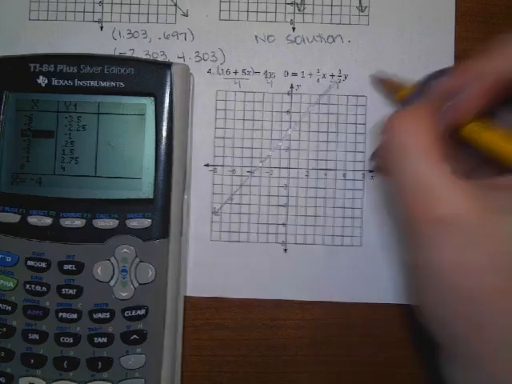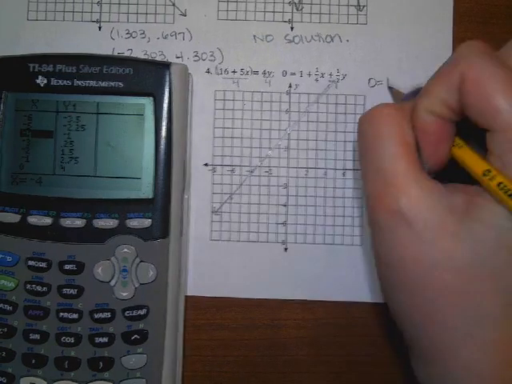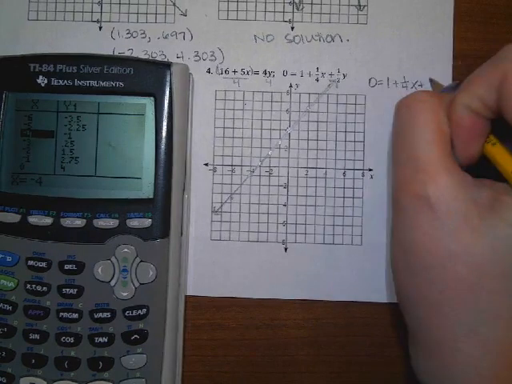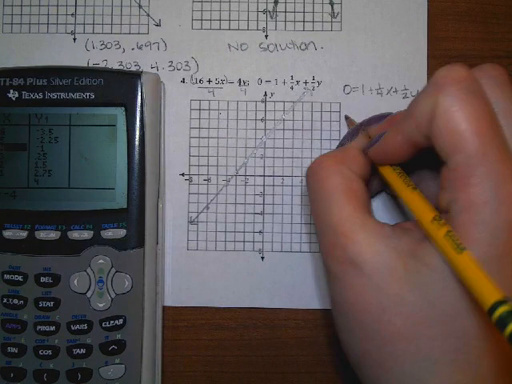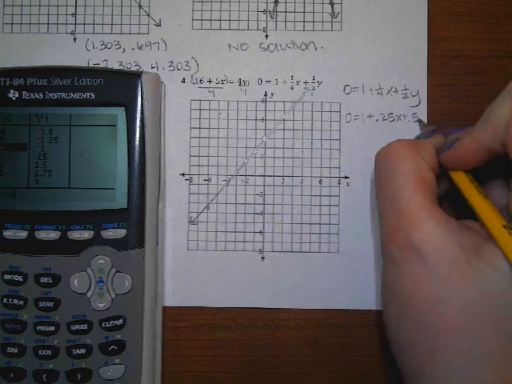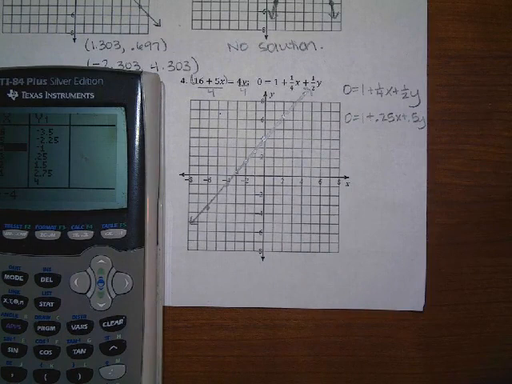What do you guys want to do with the other one to make it so that we can graph it? Say again? Yeah, for this. Do you guys like decimals better? 0.25x plus 0.51. I like fractions better because they're easier to work with by hand.